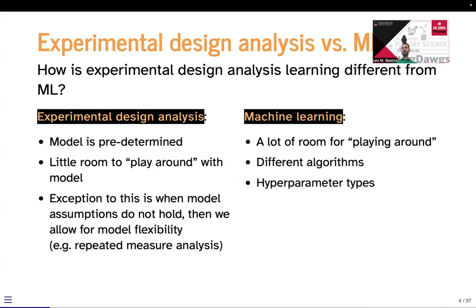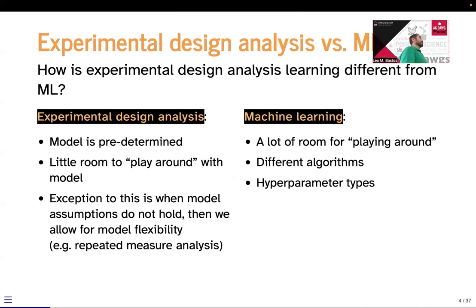As we're choosing different algorithms, those algorithms are going to have different hyperparameter types. So if you think of it, these machine learning models have specific parameters that we refer to as hyperparameters, which control how flexible or rigid the model is, or how much of the data the model is allowed to try to explain.